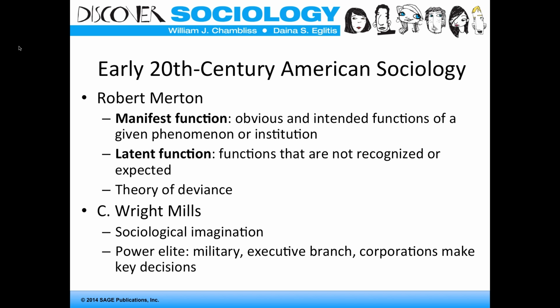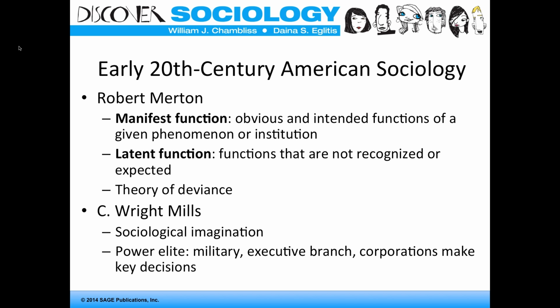But then there's latent functions underneath of that, and they're the functions that aren't recognized or expected. So a latent function of education could be seen as tracking students, making sure that there's always a working class by failing students based on the knowledge of cultural capital, which is the stuff that you know that you didn't really realize you know.